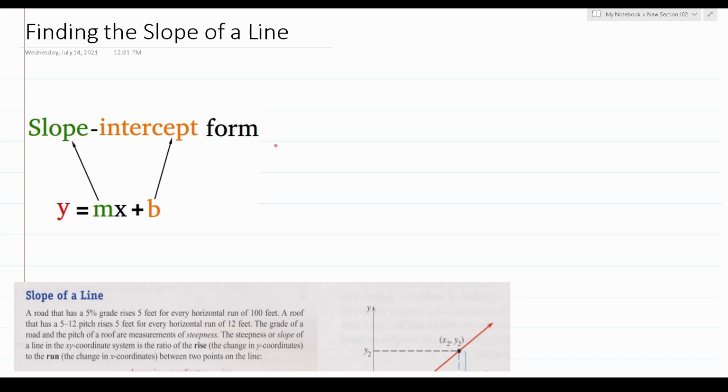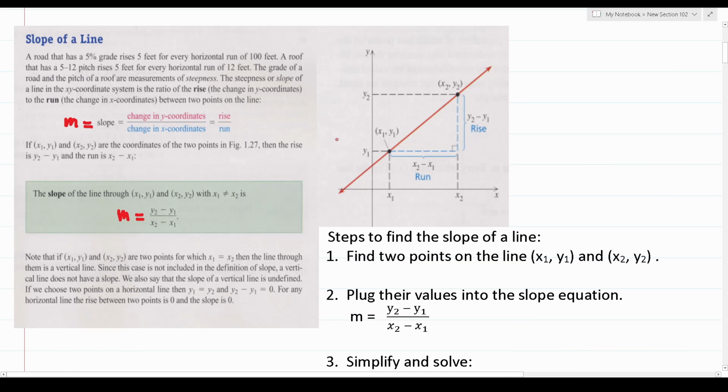And as we can see, the slope-intercept form of a line is y equals mx plus b, where m refers to slope and b refers to the y-intercept. So in today's video, you're going to notice that I'm always going to associate m with slope. Okay, so that is the key takeaway here. Slope is just one part of the equation of a line, and it's always associated with the letter variable m.